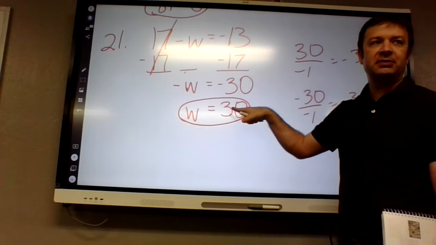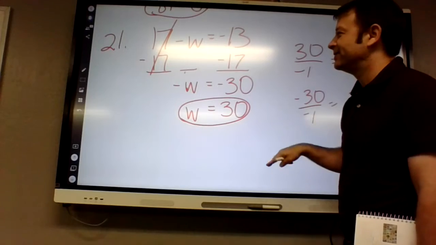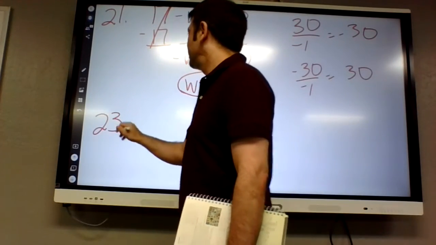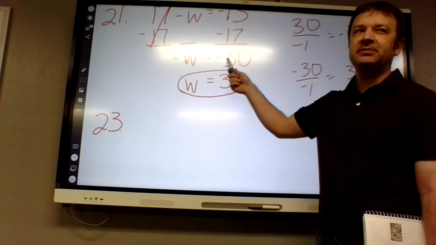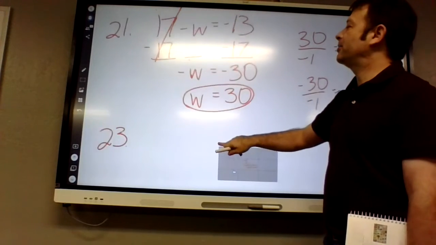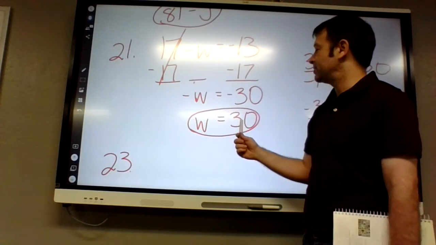Did you mean if that was a negative negative? Yeah, like if you put it into the problem, it'd be minus a negative 30, so then it'd just be a plus. Oh, yeah, I see what you're saying. You were saying check the answer.